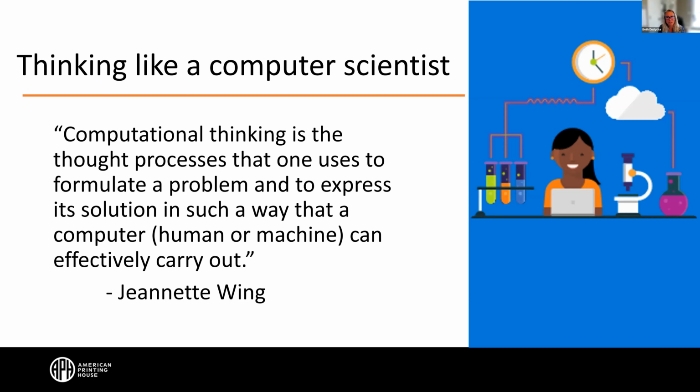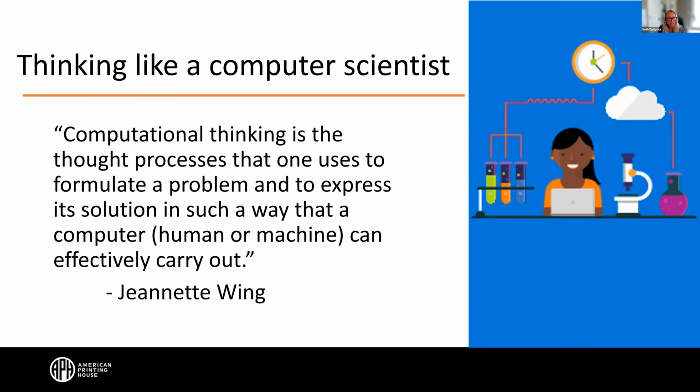It's something we come back to a lot. What is the problem? And then how can we break it down into smaller parts? Pattern recognition. Hey, we talk about that all the time in different elements of our classrooms. When you observe patterns and similarities and try and weave them together to solve problems.